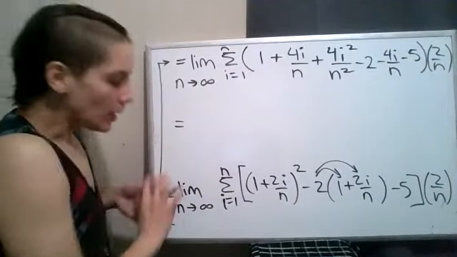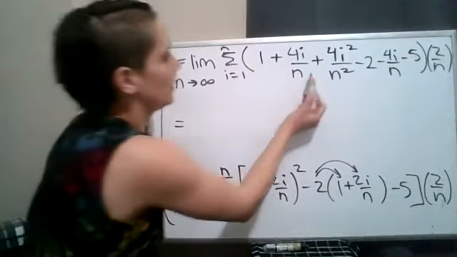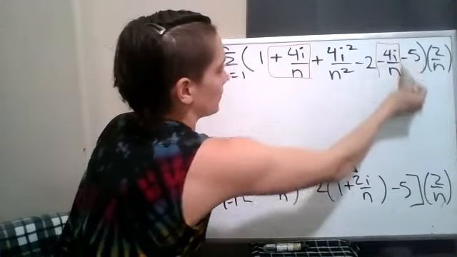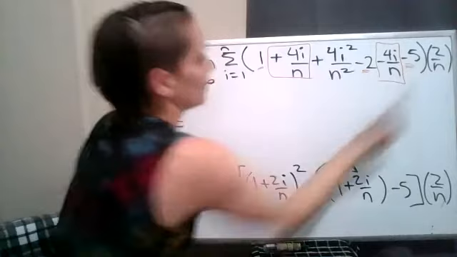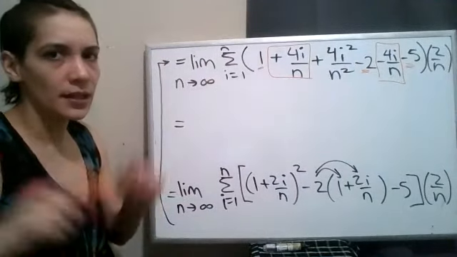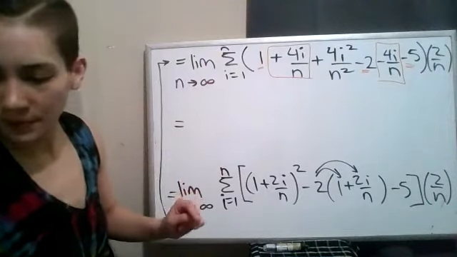Let's see, there's a positive 4i over n and a negative 4i over n. And all the numbers go together. So we've got 4 plus 4i squared over n squared.